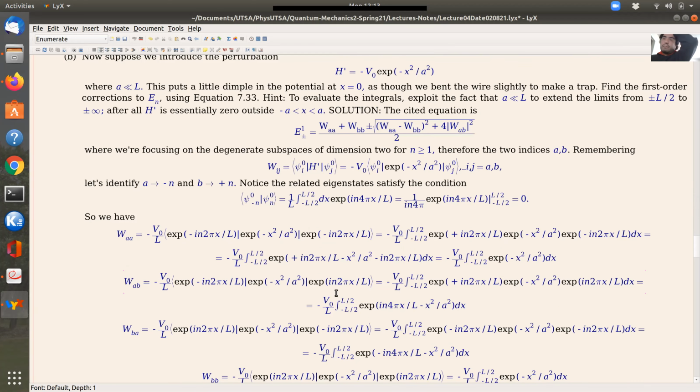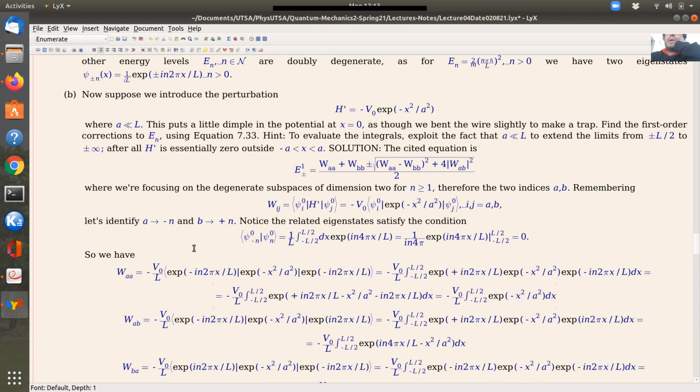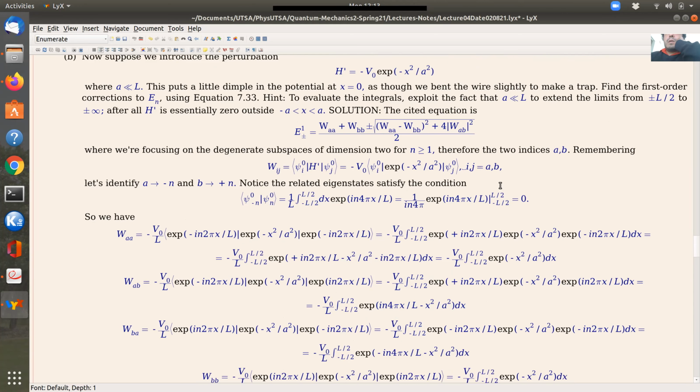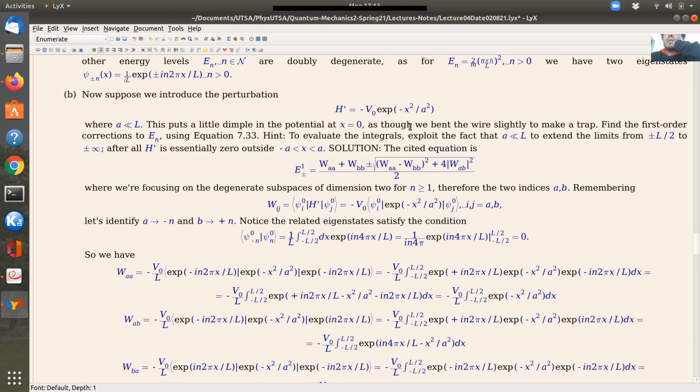So, the second part of the problem is, let's say we introduce a perturbation, right? And so the perturbation is going to be this, H prime equal to minus b naught, exponential of minus x squared divided by a squared. So this is a little bit like a Gaussian.